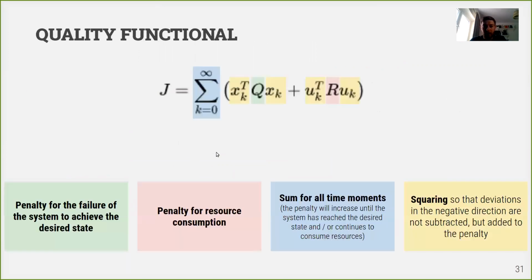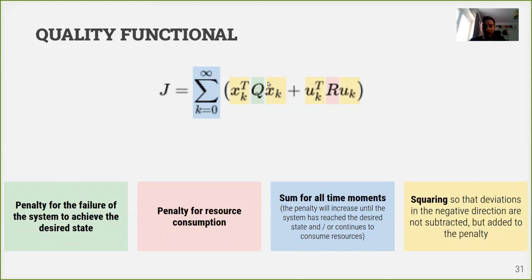So this quality functional J is a sum, or an integral for the continuous case, doesn't matter, over infinity. You can see that this is a sum over infinity of two simple things. The first one is a penalty for the failure of the system to achieve the desired state.